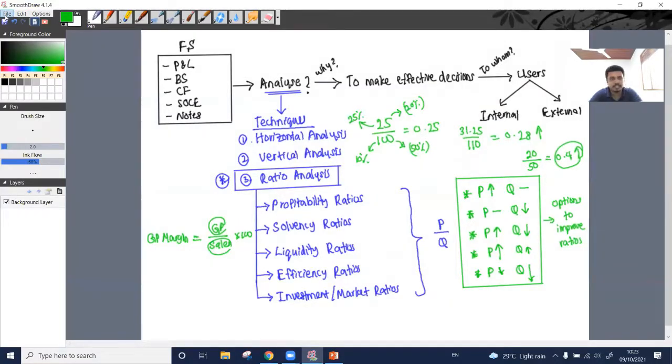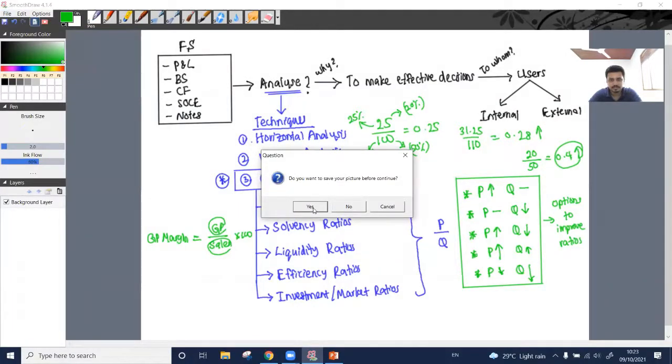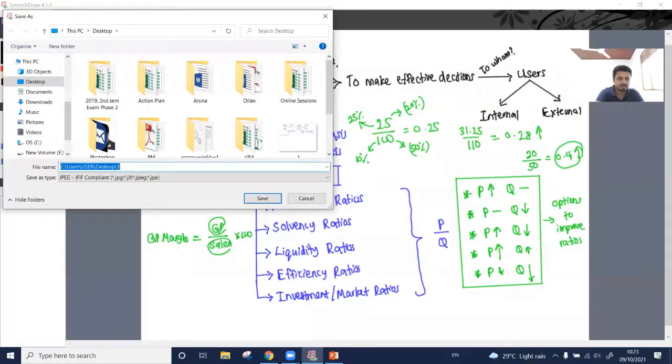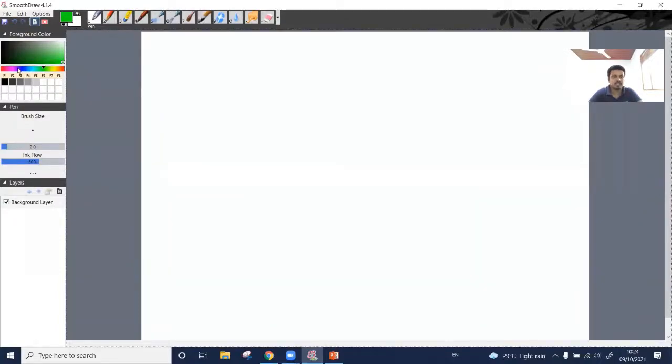First, profitability ratios. These ratios show how profitable our business is.